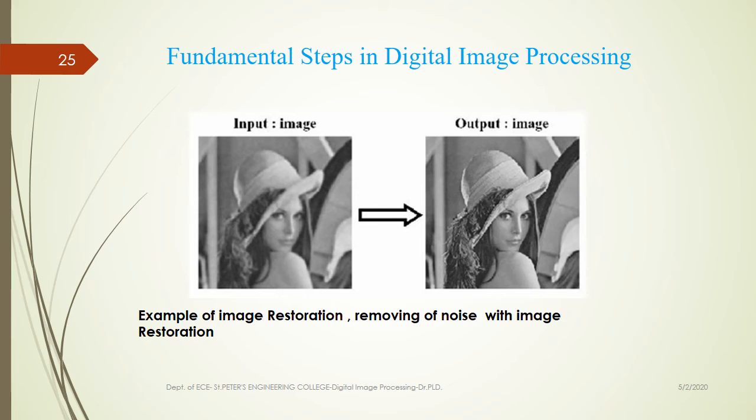If you have identified the reason for degradation and retrieved the output image by minimizing that degradation, then that mechanism of recovering the quality of an image is called image restoration.